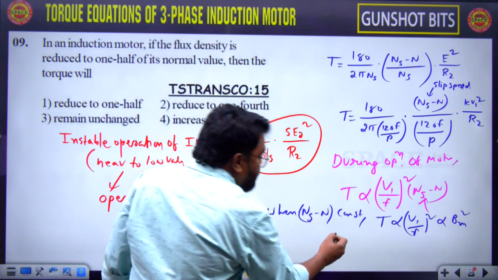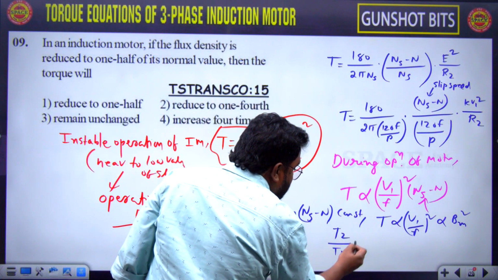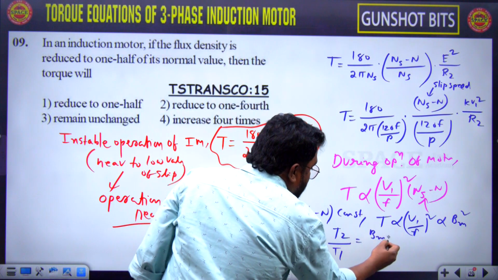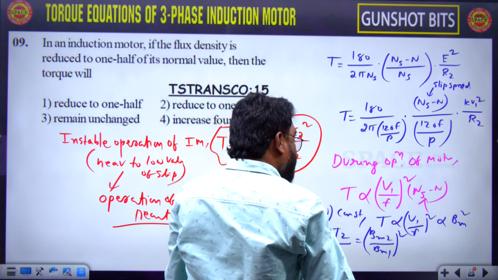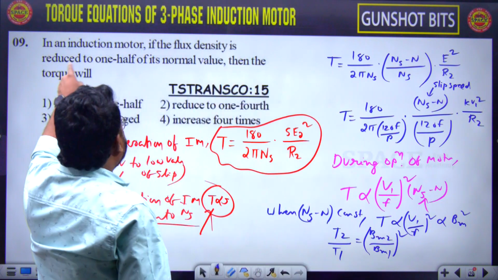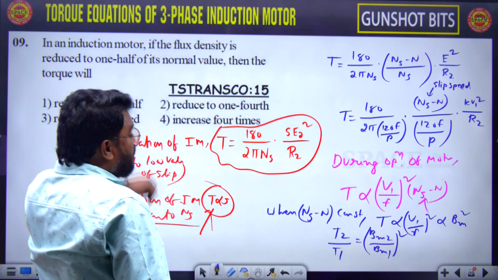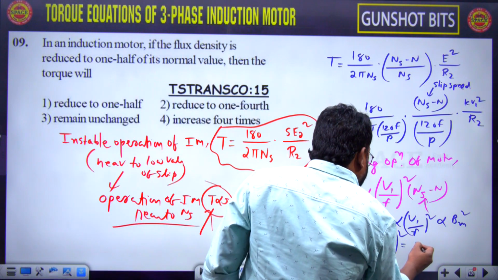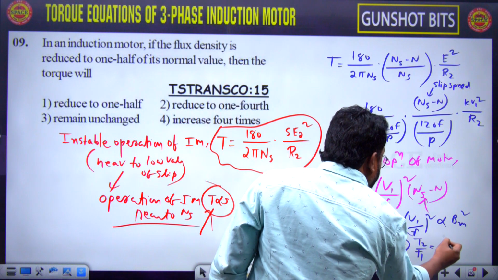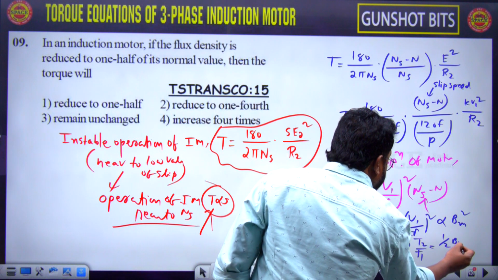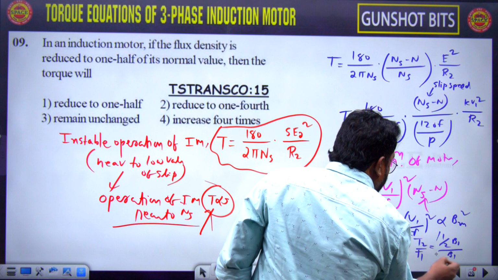So therefore you can write T2 by T1 is equal to (B maximum 2 by B maximum 1) the whole square. So now the flux density is reduced to 1 by 2. So T2 by T1 is equal to (1 by 2 times B maximum 1) the whole square, divided by B maximum 1 whole square.